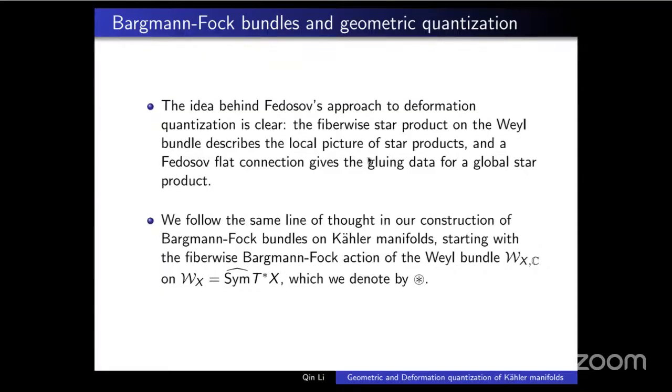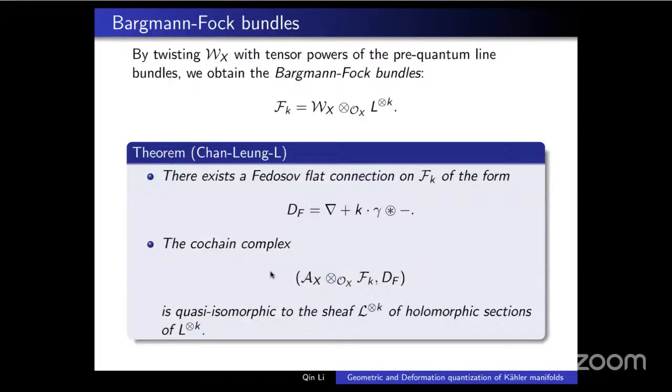We start with the fiber-wise Bargmann-Fock action of the Weil bundle on this holomorphic thing. That's only the completely symmetric product of the holomorphic cotangent bundle. And then we need a connection to glue these local pictures.